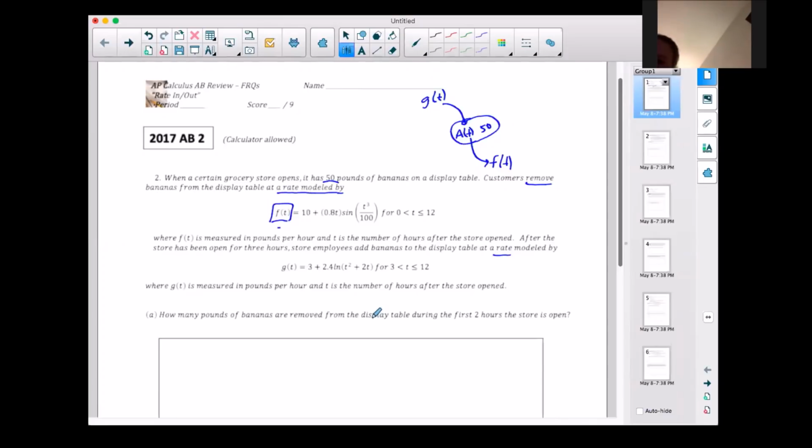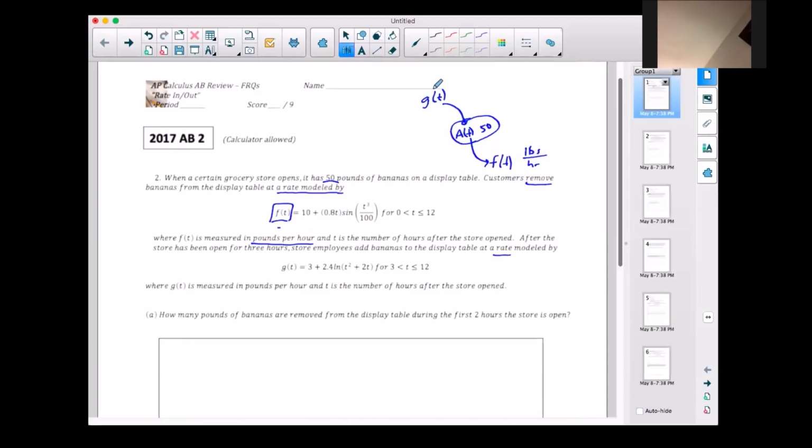Another dead giveaway is the units. Always pay attention to units. Notice it says that F of t is measured in pounds per hour. So next to F of t, I'm going to go ahead and write the units for that. And since we see this fraction, it's also another good indicator that this is a rate, pounds per hour. In case you're not familiar with that, LBS is how we abbreviate the word pounds in English.